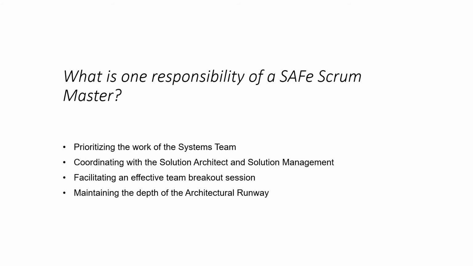The next one: what is one responsibility of a SAFe Scrum Master? Okay, so remember, a Scrum Master is a Scrum Master, of course, but when we talk about a SAFe Scrum Master, that means his responsibility with respect to the SAFe framework, right?